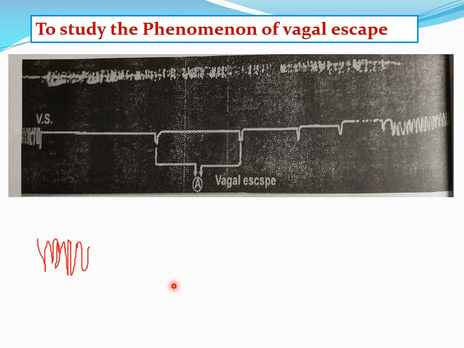The definition of vagal tone is the continuous inhibitory influence of the vagus on the heart.